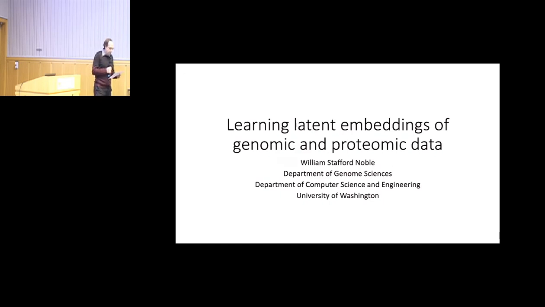He received his PhD degree less than 20 years ago, in 1998, at the University of California, San Diego, and then did a short postdoctoral fellowship in David Haussler's lab at UC Santa Cruz, and moved to New York to Columbia University as assistant professor, and then moved to the University of Washington 3 years later, and has remained there since that time.